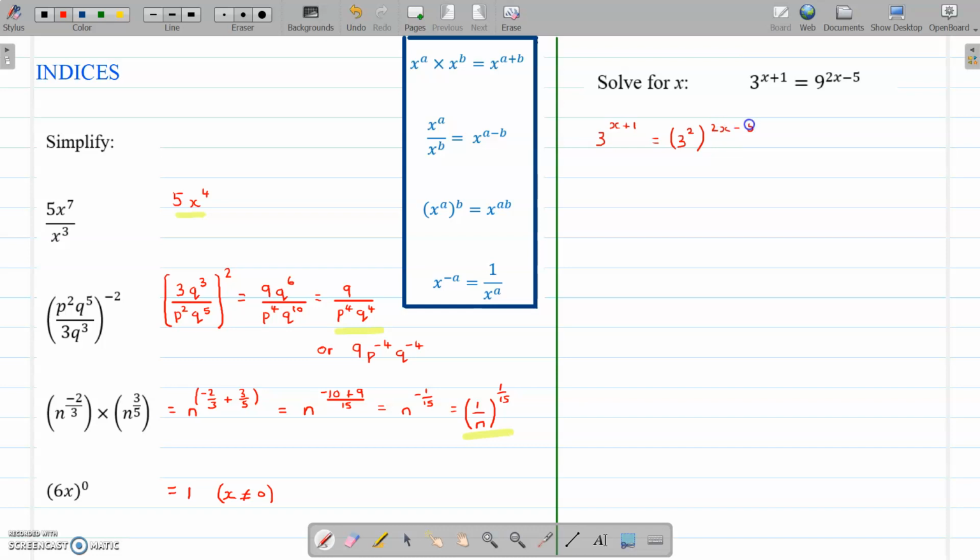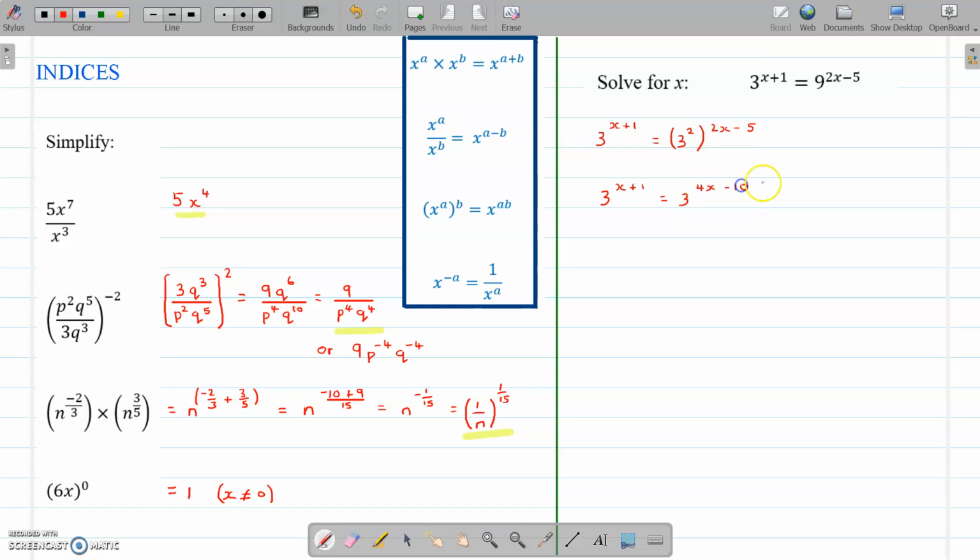And once you've done that, you can start applying the rules of indices. And the one I'm going to be using is this one here, because the next line from that would be 3 to the x plus 1 is equal to, timesing this power here by the 2. It's equal to 3 to the power of 4x minus 10.